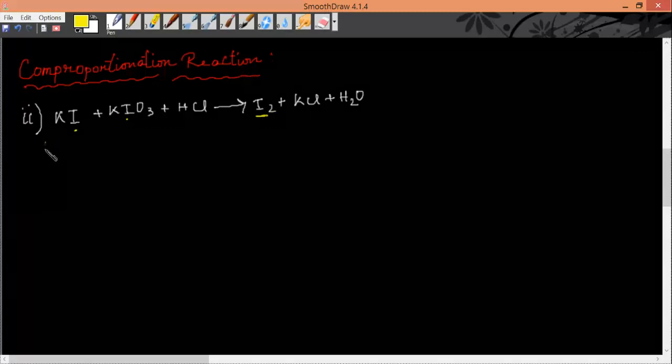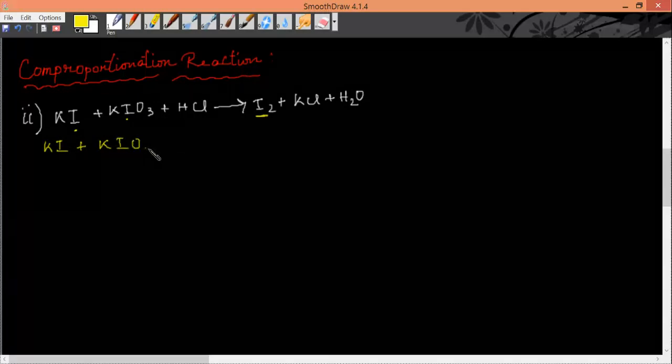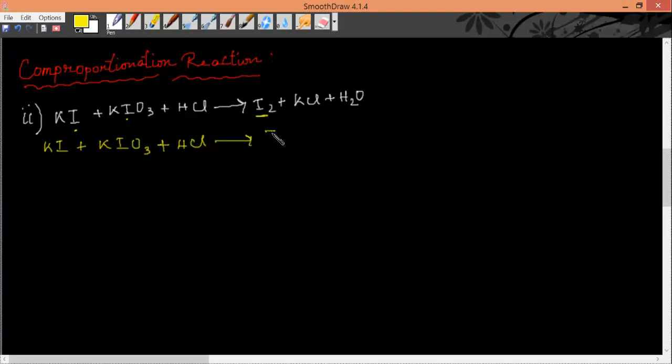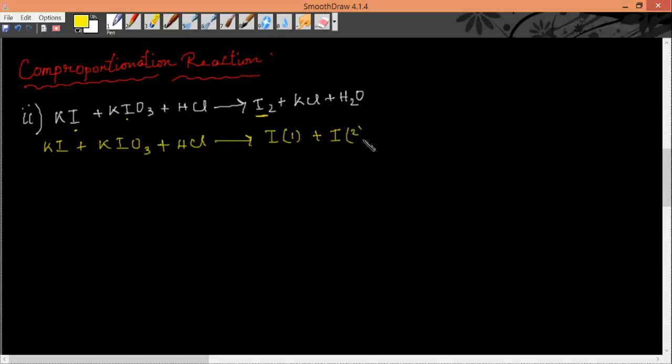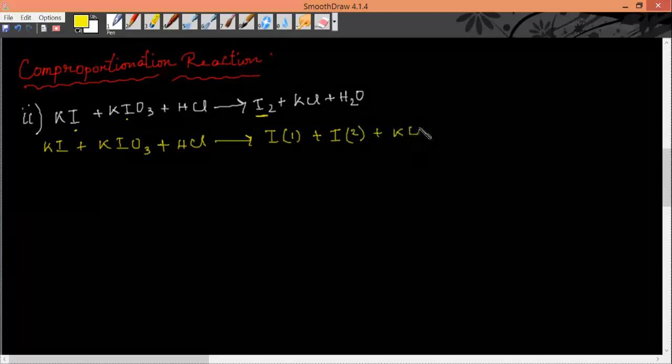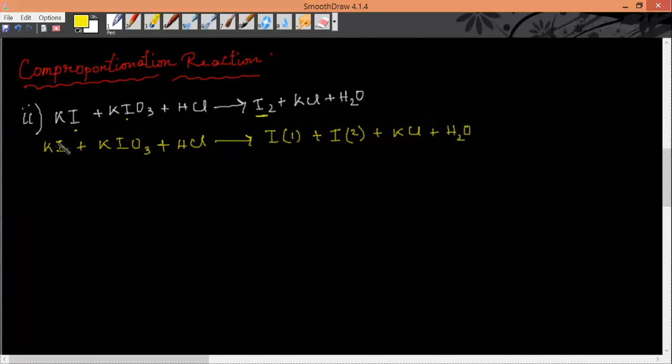We can write this reaction as KI plus KIO3 plus HCl to give I2 plus KCl plus H2O. Okay. Now, what is the oxidation number of iodine in KI? It is -1. For KIO3 it is +5. For the iodine in I2 it will be 0, because it is in the free state.